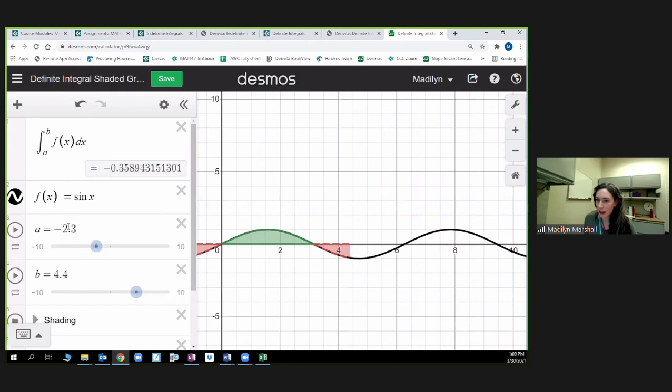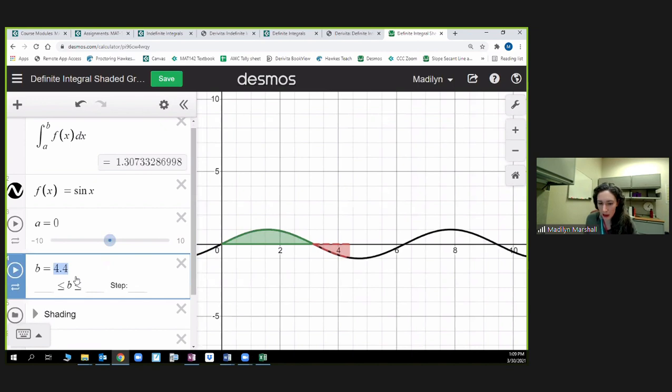And so if I put a on 0 and b on 2 pi, this integral is 0 because the area above the x-axis and the area below the x-axis are exactly the same, so they're totally canceling each other out. So that can happen as well.